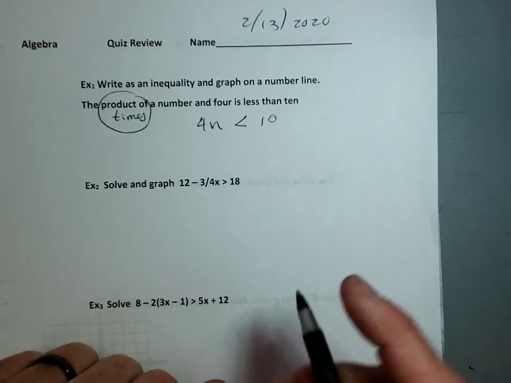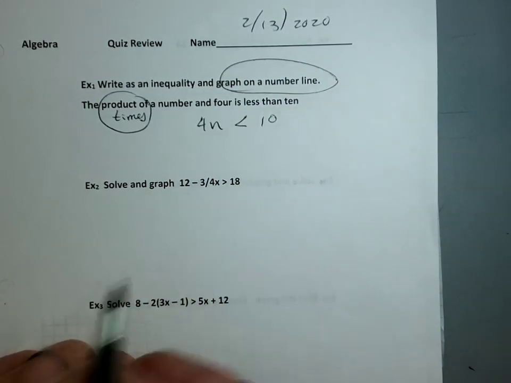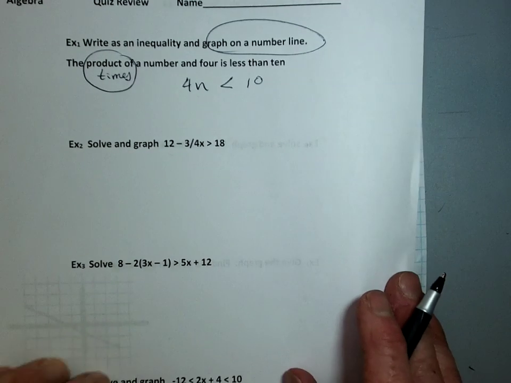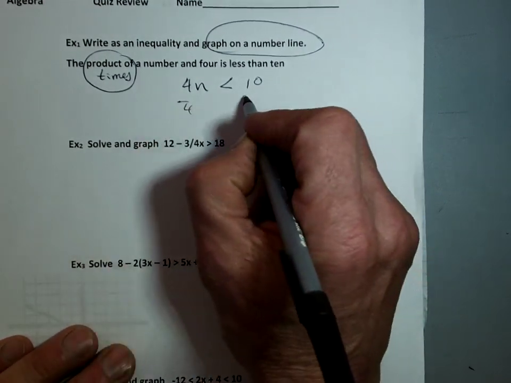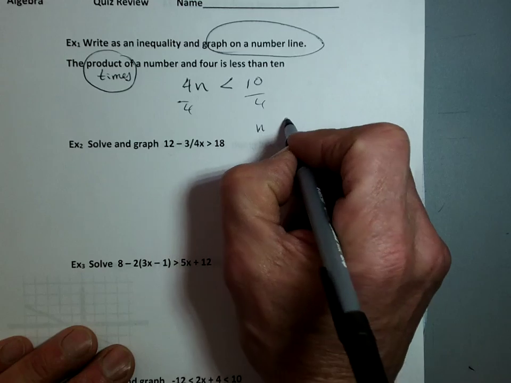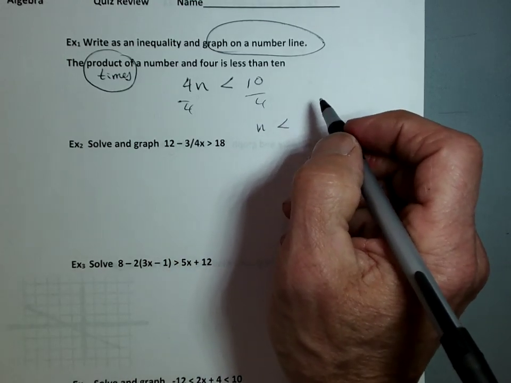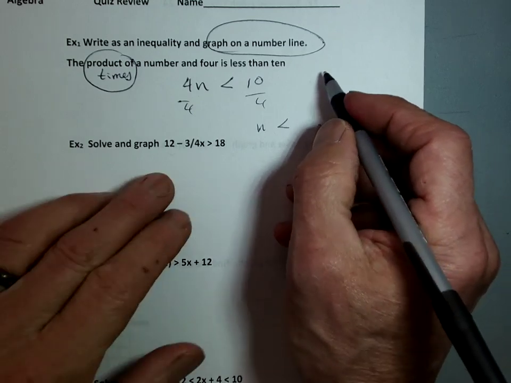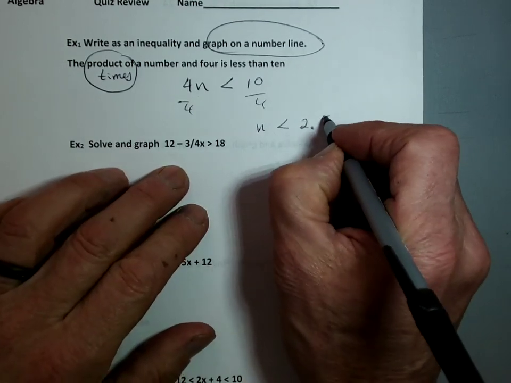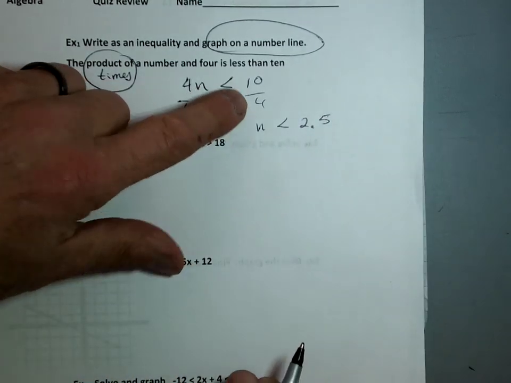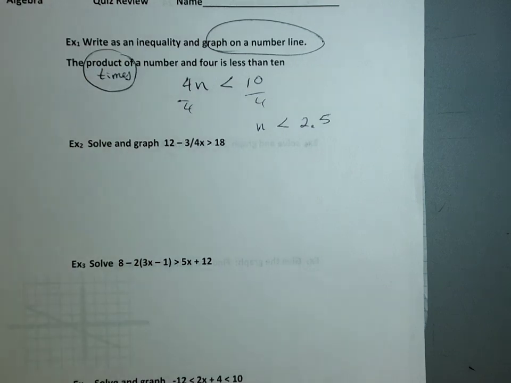Now I'm still supposed to graph it on a number line, so I'm going to have to solve it, right? I'm going to divide by 4, divide by 4. I've got n is less than, and if you use your calculator, it should be 2.5, 5 over 2 or 2.5. If you want to go 10 divided by 4 and just use your calculator, it is 2.5.